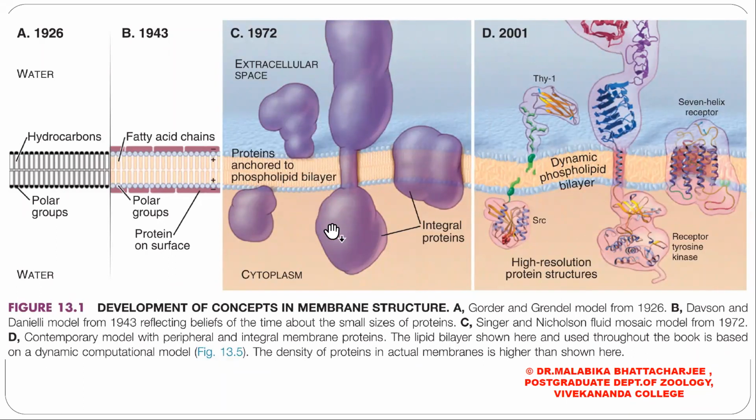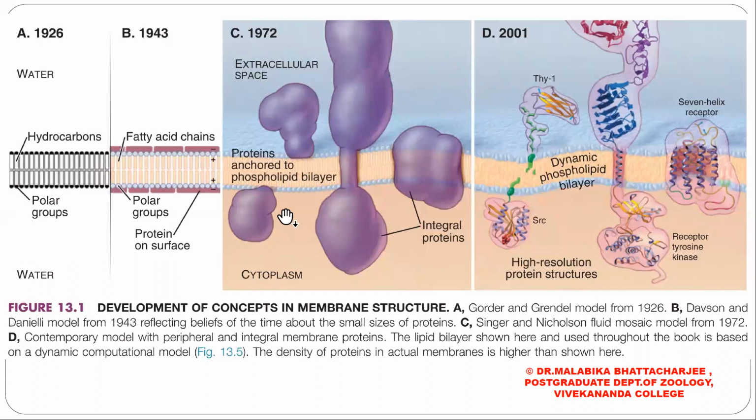One category is the integral proteins that are intricately associated with the membrane. Some of them travel through the membrane, while some of the proteins are present on only one half of the bilayer and are anchored to the phospholipid bilayer. So we have a peripheral protein on the extracellular surface. We have another protein on the intracellular surface.